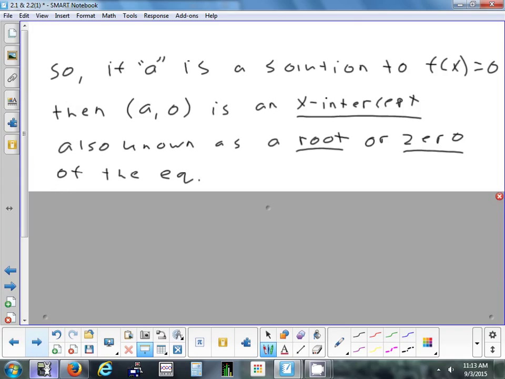Right, so there's a lot of names for those answers we just found. They are x-intercepts. You can call them that. They're called roots of an equation. They're also called zeros. In fact, if you use an older graphing calculator, I think the TI-82, let me bring that up.